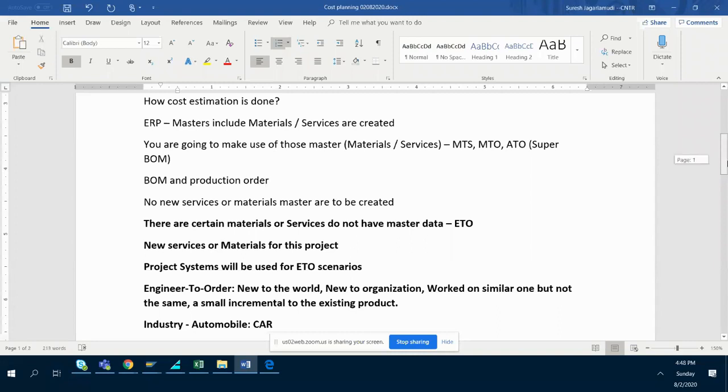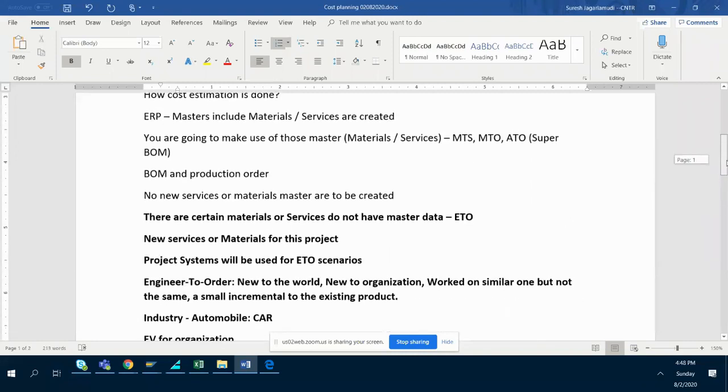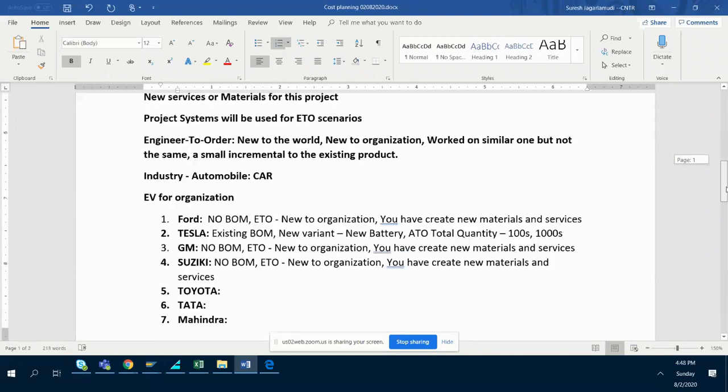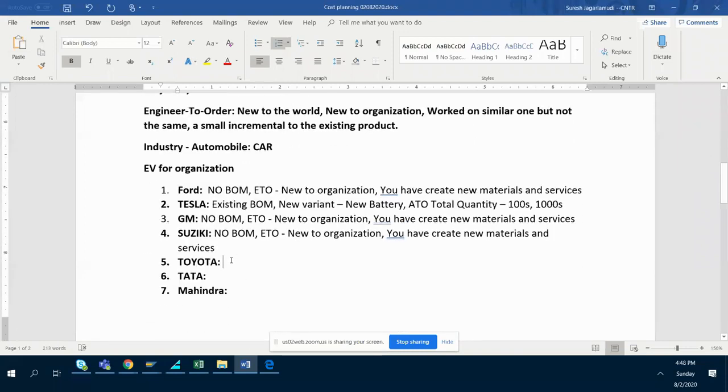Because Tesla and Toyota both collaborated once. Suppose Toyota has the existing BOM. Tell me, what are these guys going to do now? Under which scenario is it coming, ATO, MTS? Yeah, in this case, ATO.